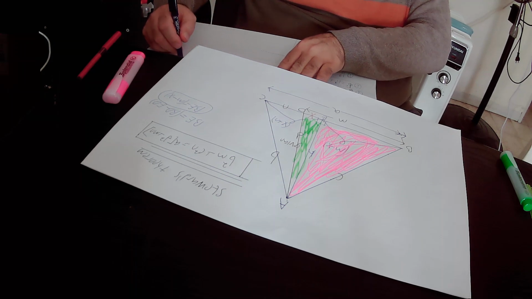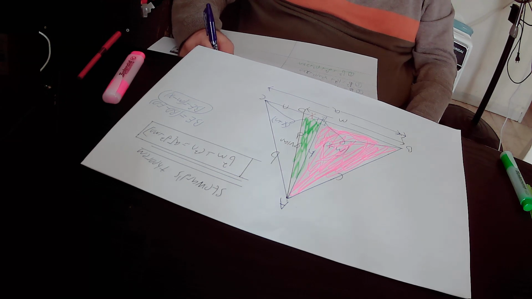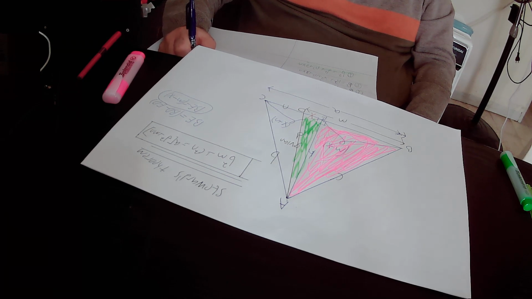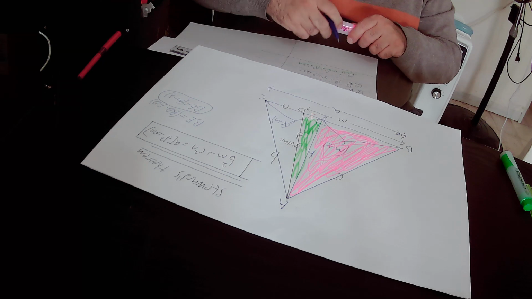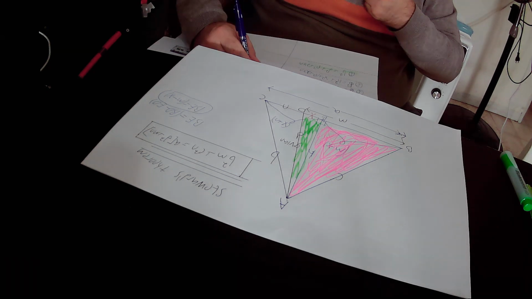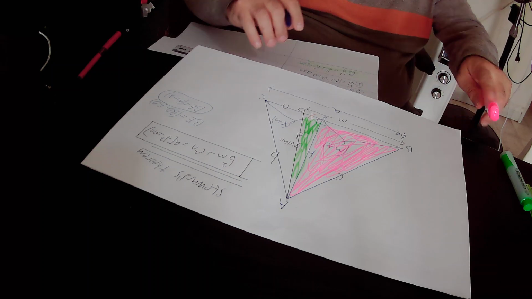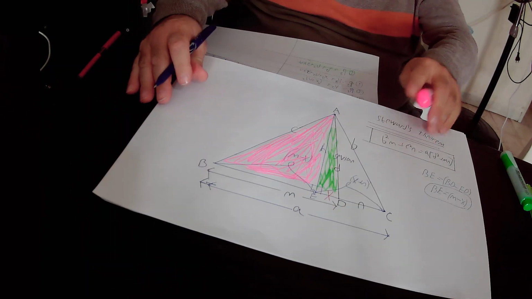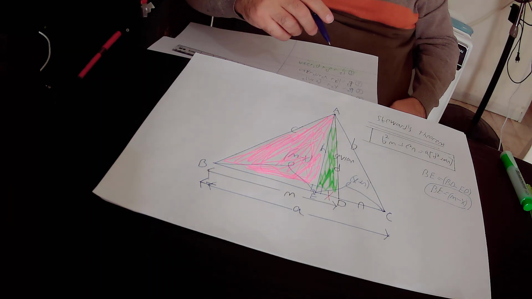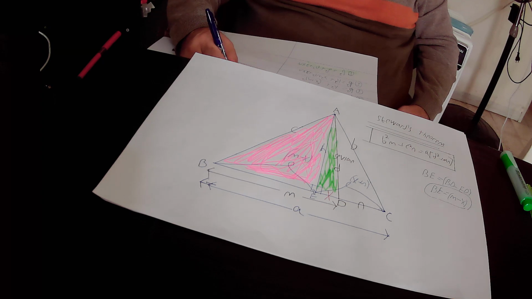In the right pink triangle, triangle AEB, by PT, the Pythagoras theorem, the square of the hypotenuse equals the sum of the squares of the perpendiculars. The hypotenuse is AB, therefore the square of the hypotenuse is AB square.